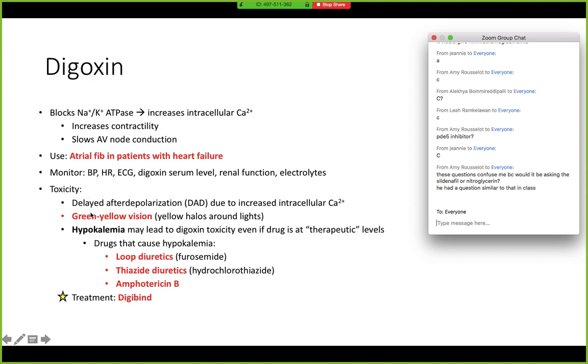Digoxin can lead to green-yellow vision, so you might see yellow halos around lights, and hypokalemia can lead to dig toxicity. So if your patient's being given dig with one of these drugs that can cause hypokalemia, you can get dig toxicity. And if someone presents with dig toxicity, you're going to treat them with Digibind.